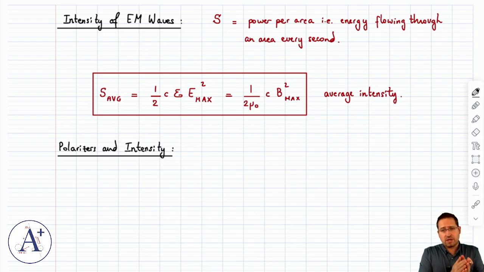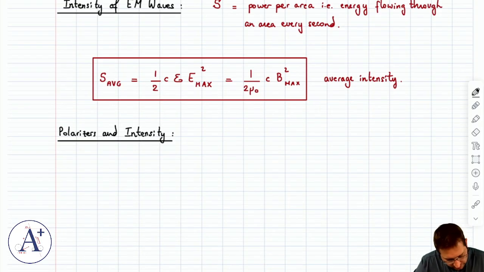Or at the very least, they make sure that whatever light comes in, the light that comes out is only in that preferred direction. That's a better way to think of it. So they'll take in any light you want, but they'll make sure that when the light comes out, it's polarized in a given direction. Now, the direction of polarization is the direction of oscillation of the electric field, not the magnetic field.